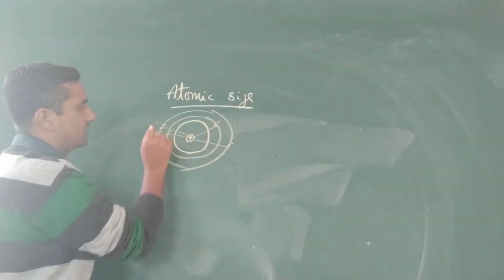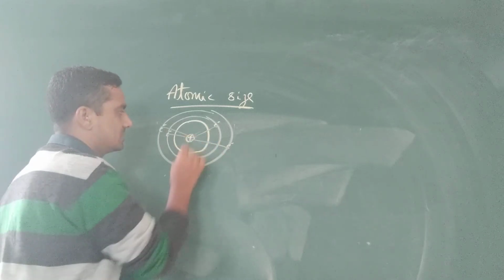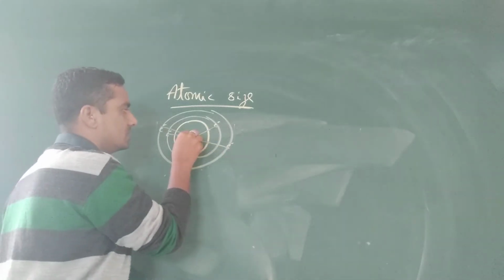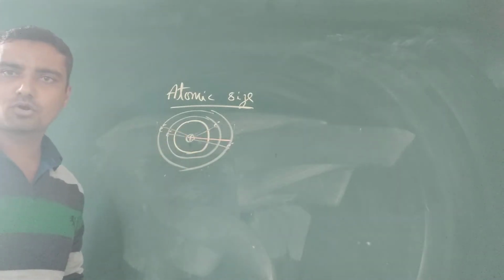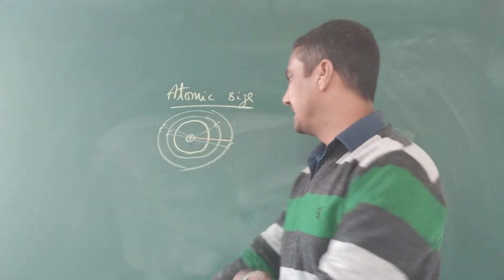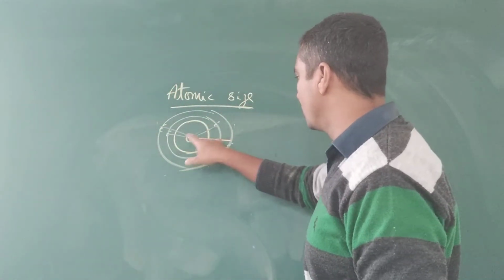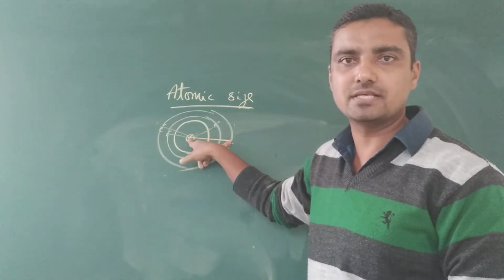This distance we call the atomic size: the distance between the center of the nucleus and the outermost shell of electrons.